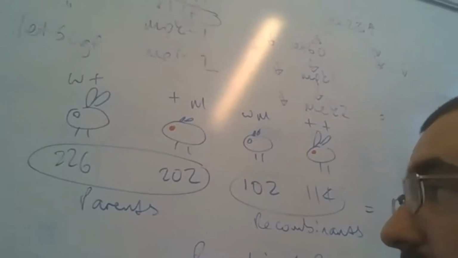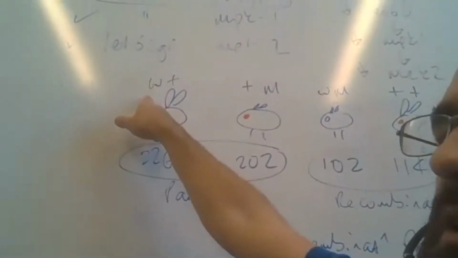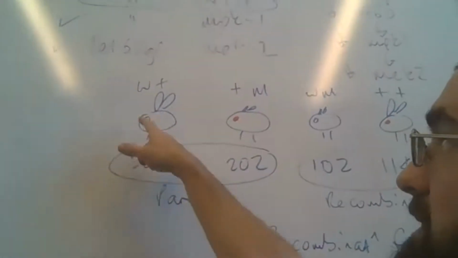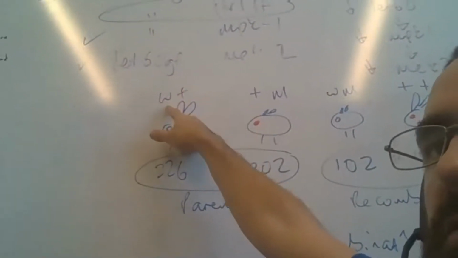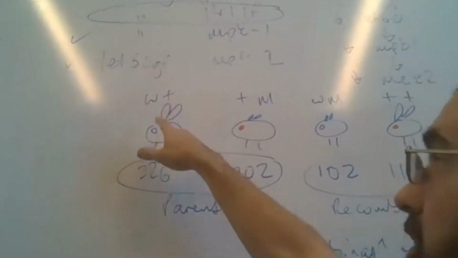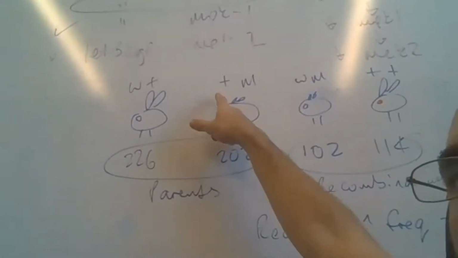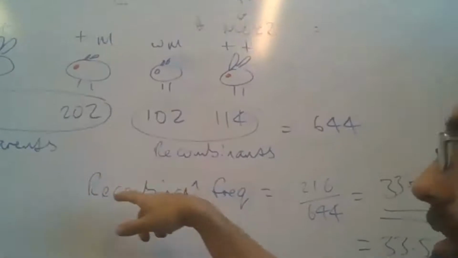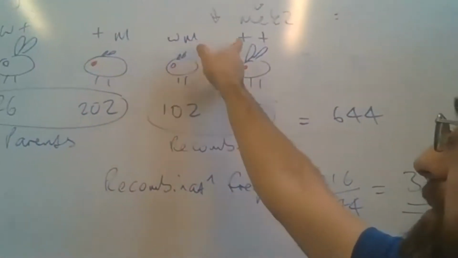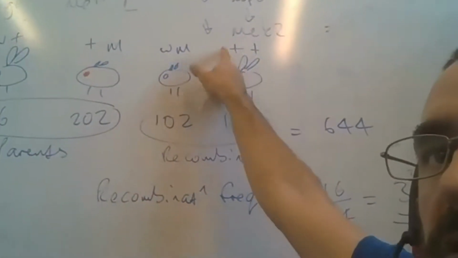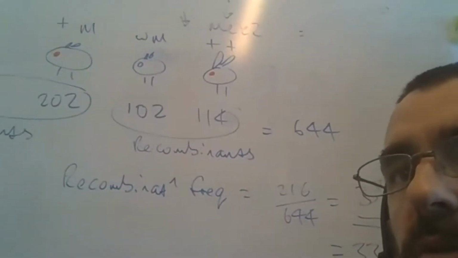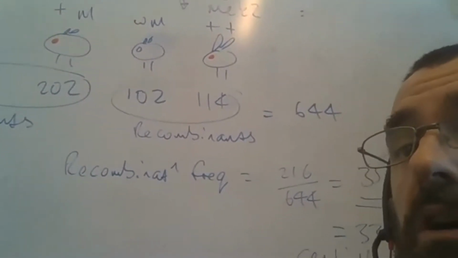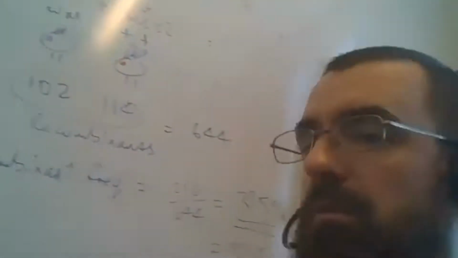Yeah, they're in trans. Because these have got to be the parents, and you have one of each. You have a mutant and a wild type. In the other one, you have the opposite, wild type and mutant. And only in the recombinant offspring do you have the same dominant or recessive. So those are in trans. Awesome.